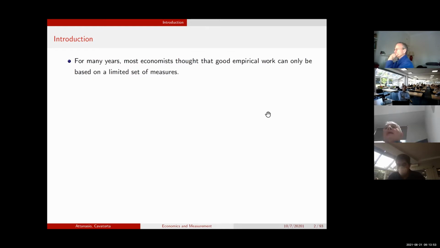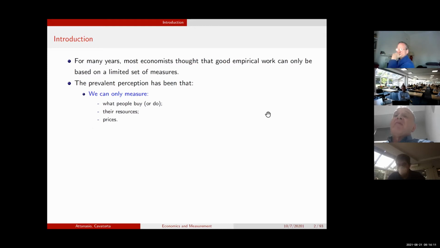What partly inspired this lecture and the material behind it is that for many years, many economists thought that good empirical work can only be based on a very limited set of measures.